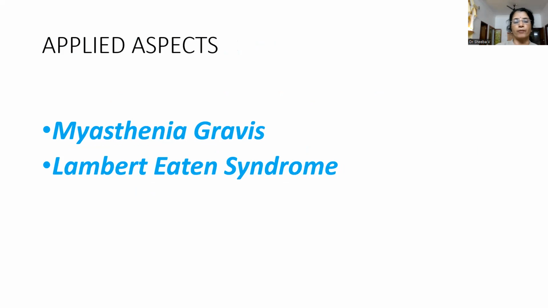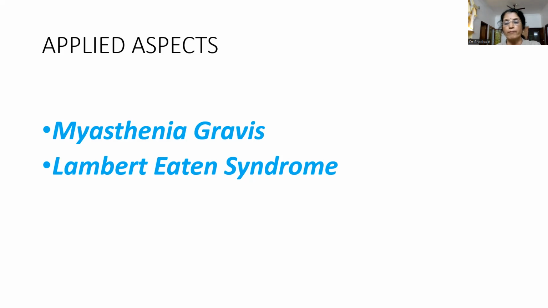Another important thing is the diseases affecting the neuromuscular junction, that is myasthenia gravis and Lambert-Eaton syndrome. Both are autoimmune diseases. In myasthenia gravis, muscle contraction is prevented because neuromuscular transmission does not take place, as the postsynaptic nicotinic receptor is attacked by autoimmune antibodies that bind to the acetylcholine receptors.